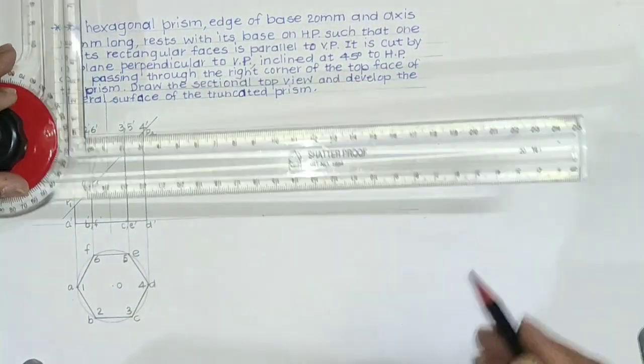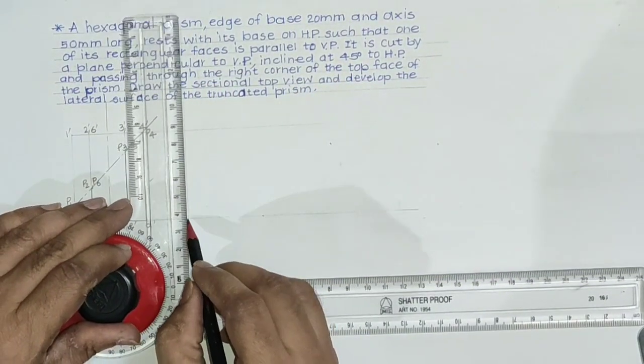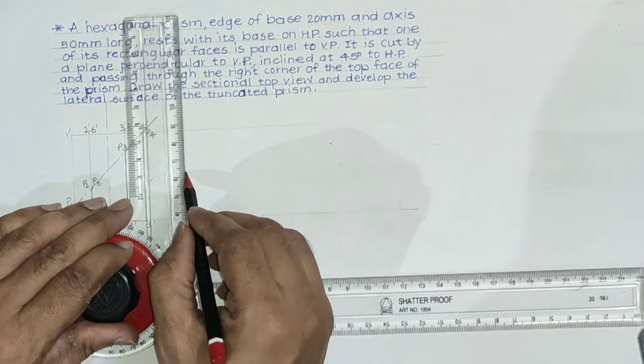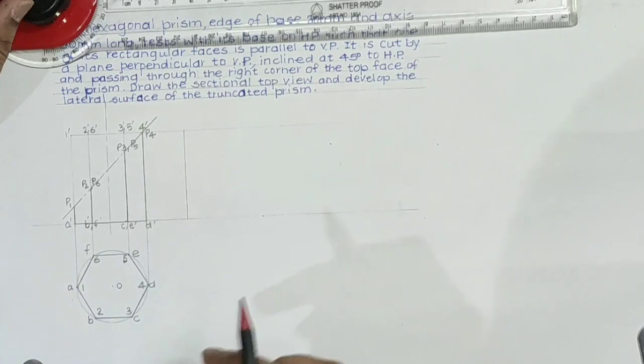Now draw the rectangle of width equal to perimeter of hexagon and height equal to the height of the prism.